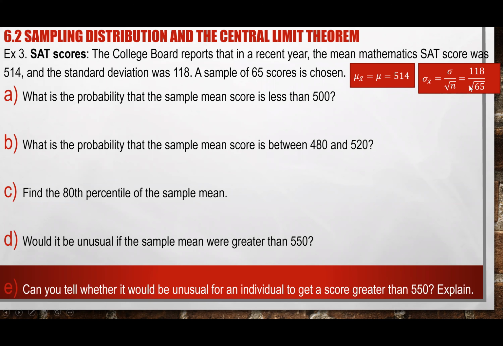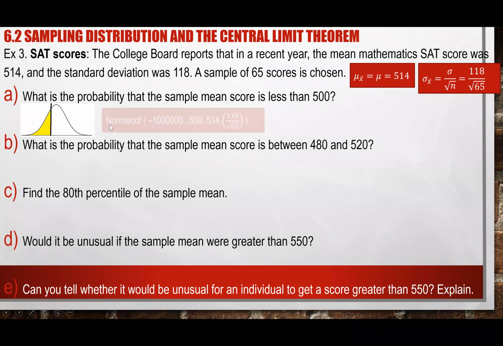So that's the only thing new in 6.2, you have to deal with a sample. And when you deal with a sample, you have to find the standard error. Once you identify that, everything else is the same, right? We're looking for the sample mean score less than 500. So we're looking for the area to the left of 500.